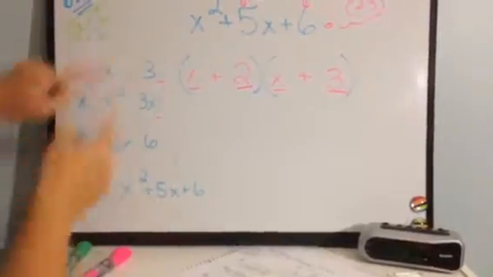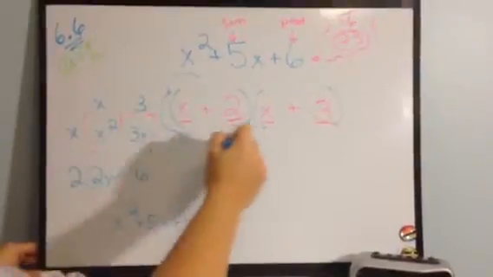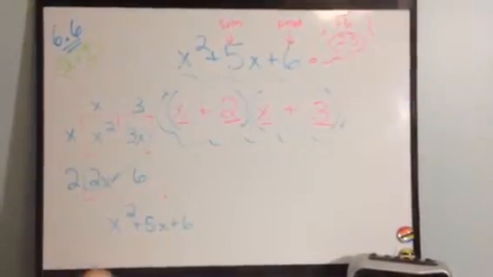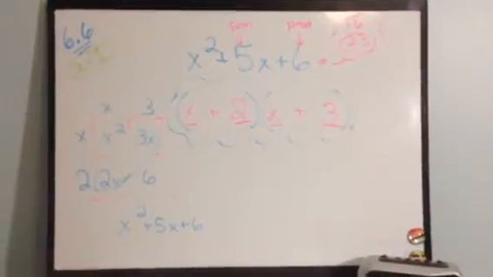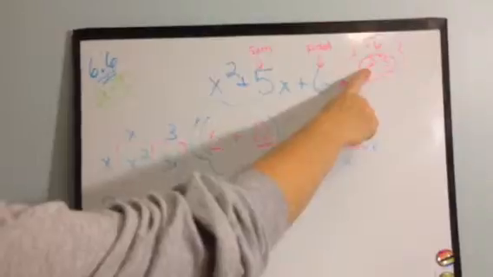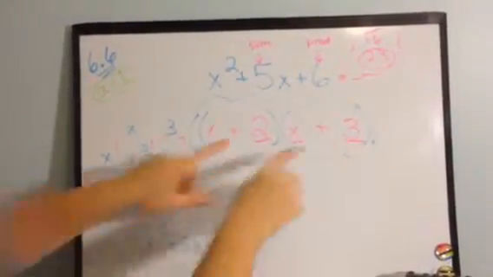And this is, in fact, the same trinomial I started with. So I know that my solution is correct. My factor is correct. Okay? So basically I'm thinking x and an x. What two factors can I use to multiply to get 6 and add to get 5? And that's what I want to plug in.